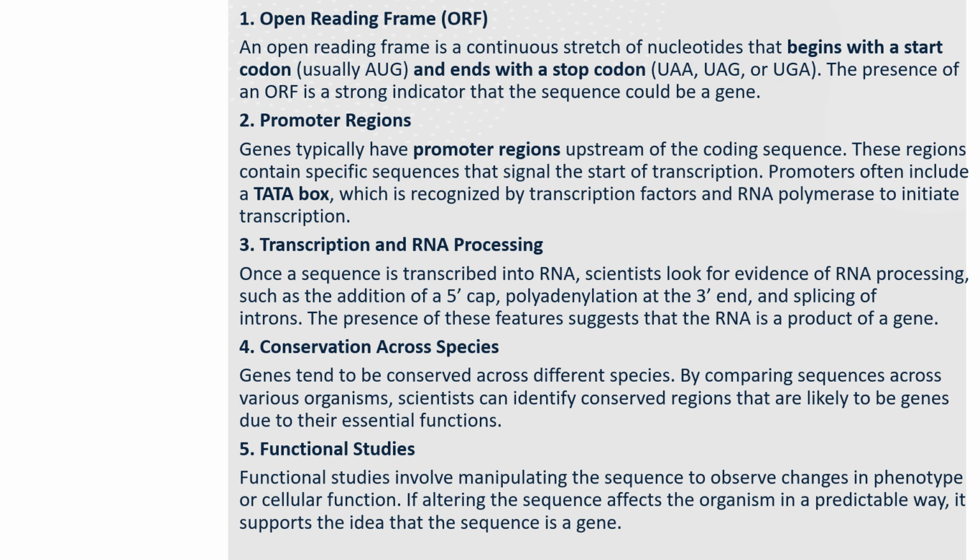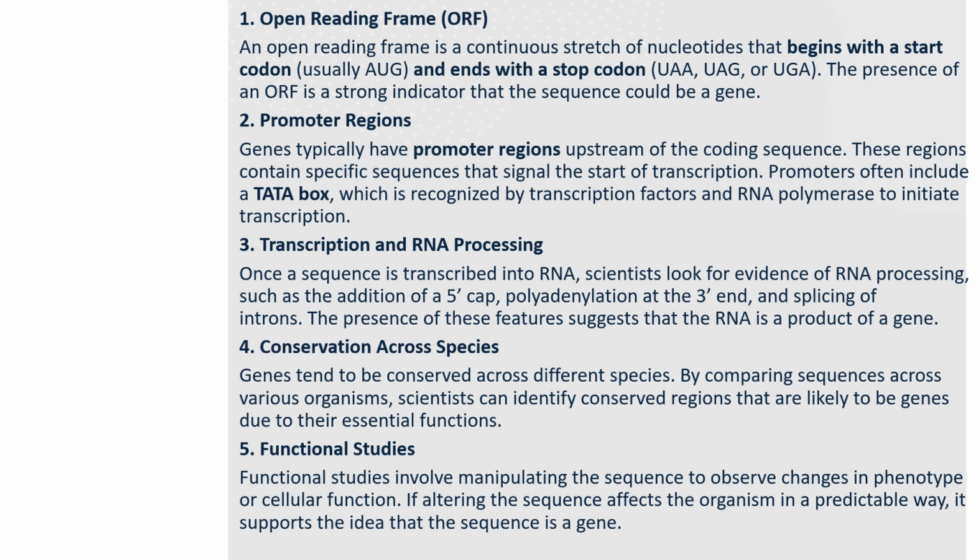Another way is looking at the transcription, which is when RNA polymerase copies DNA into RNA in the nucleus. So we take the DNA in the nucleus, RNA polymerase comes and reads it because the DNA never leaves the nucleus. Then it transcribes it into RNA, and takes that RNA out of the nucleus.